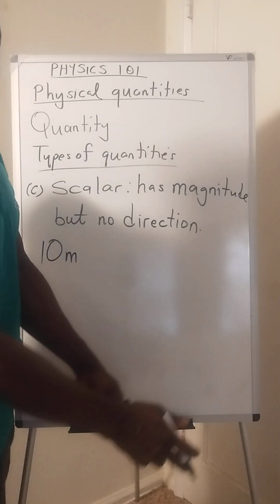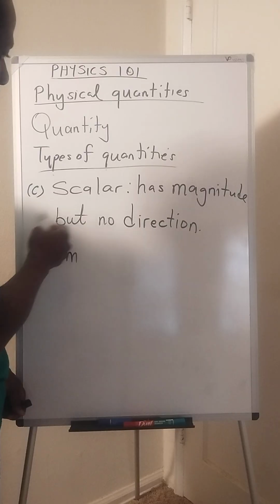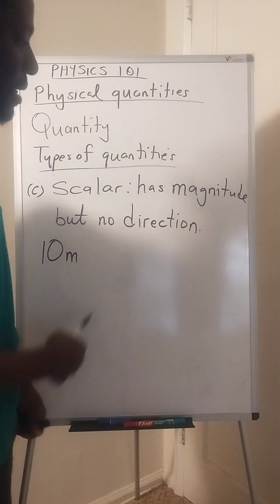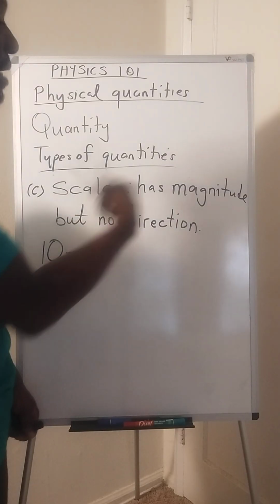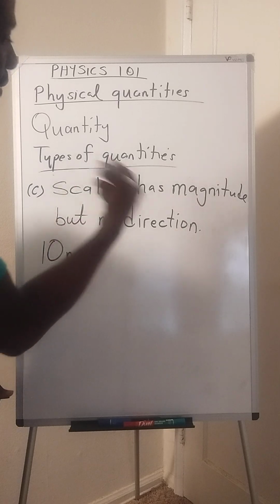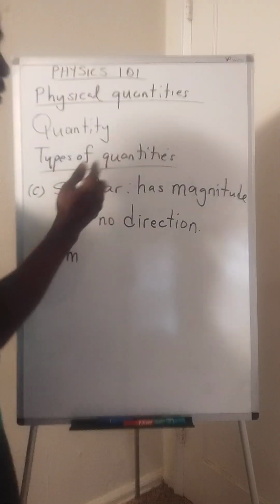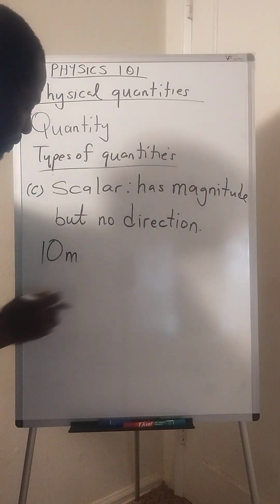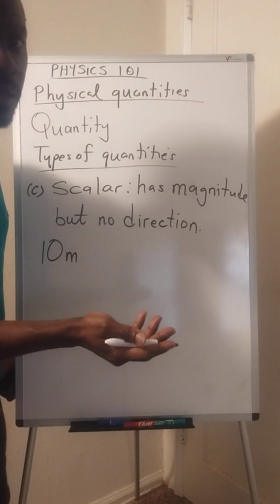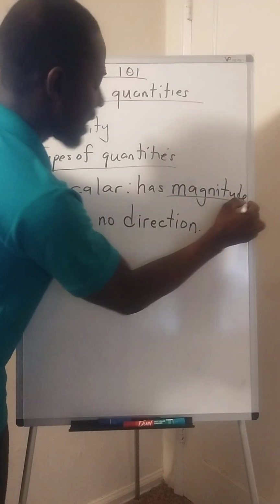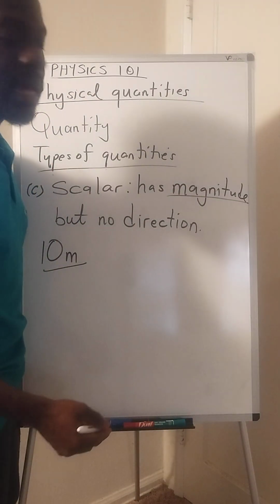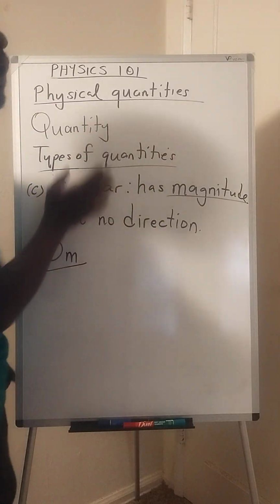Now, when I say that, if I don't indicate any direction where it's heading, then it becomes a scalar quantity. I hope you understand. So if I say 10 meters what? This is just a value that we are saying. So the magnitude is expressed, but there is no direction attached to it. And therefore it makes it a scalar quantity.